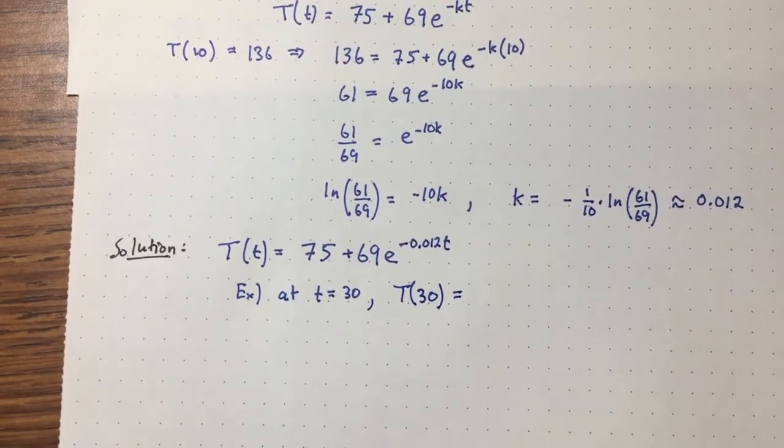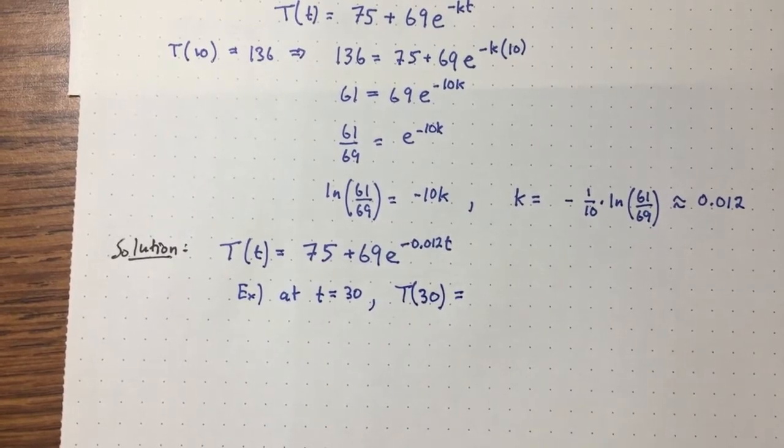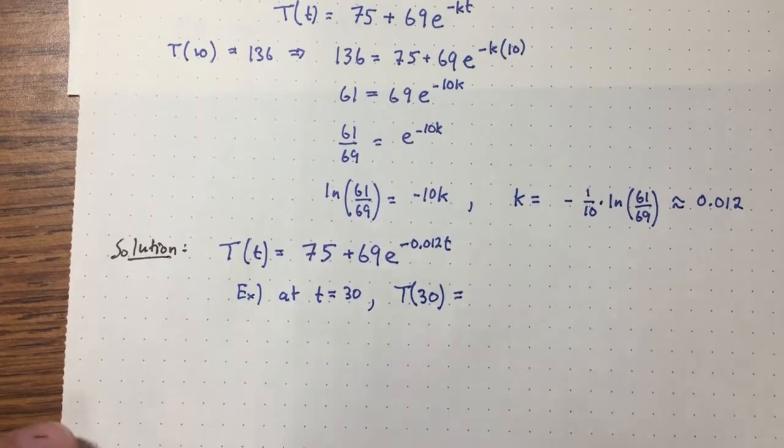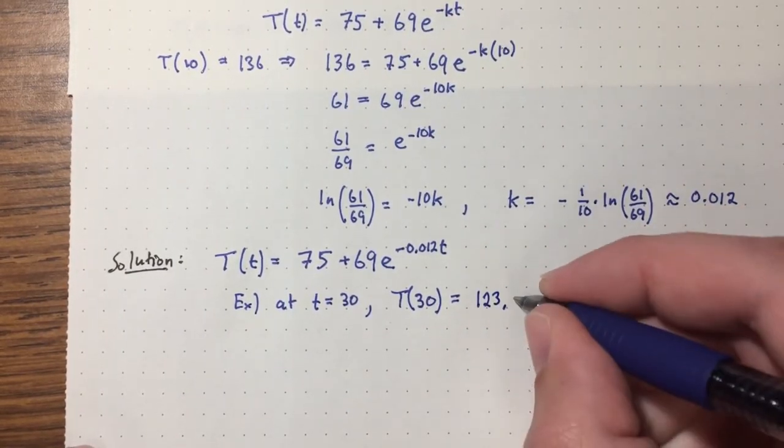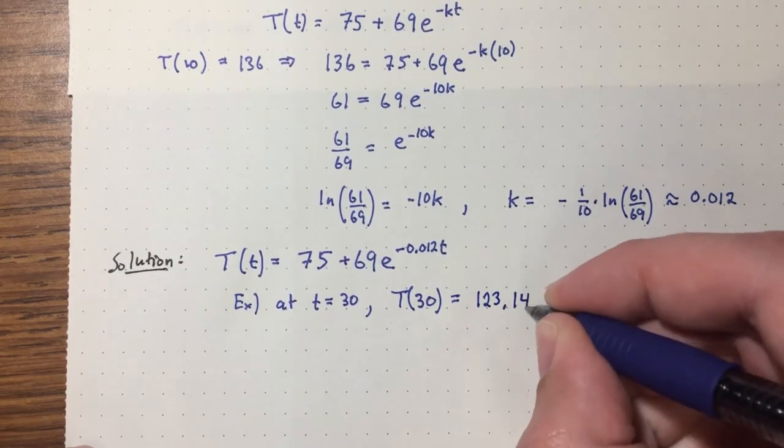Let's plug that into the calculator really quick. So we have 75 plus 69 times e to the power of negative 0.012 times 30. And so that's approximately 123.14.